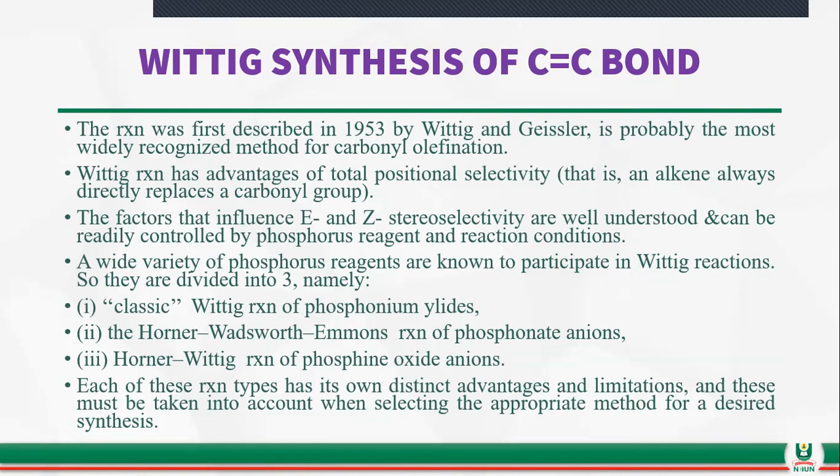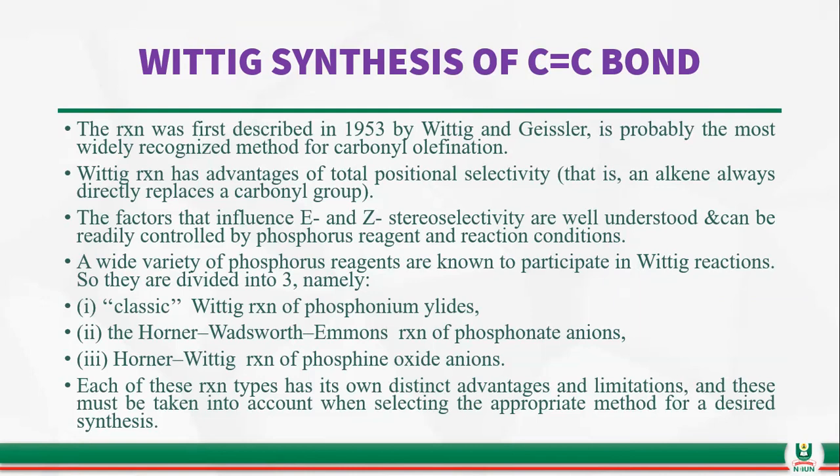So a wide variety of phosphorus reagents are known to participate in Wittig reactions. These are divided into three. The first one is the normal classical Wittig reaction of phosphonium halide. The second one is the Horner-Wadsworth-Emmons reaction that makes use of phosphonic ester anion. And the last one is the Horner-Wittig reaction of phosphine oxide anion.